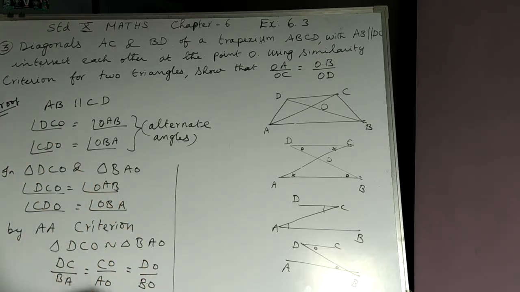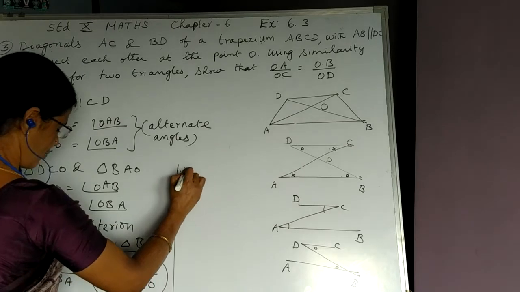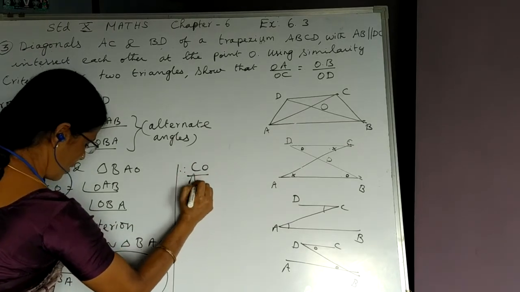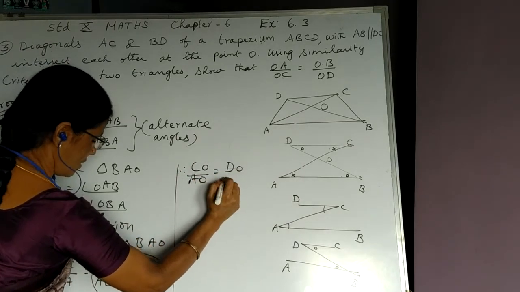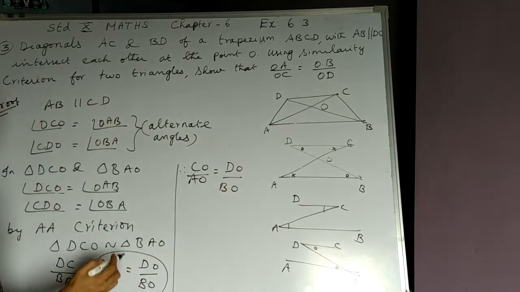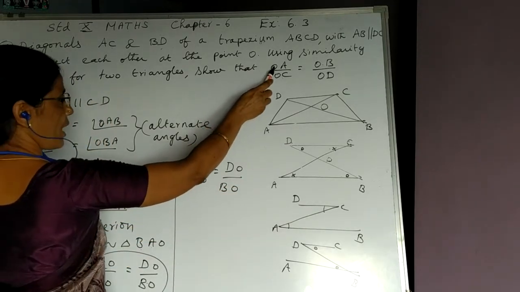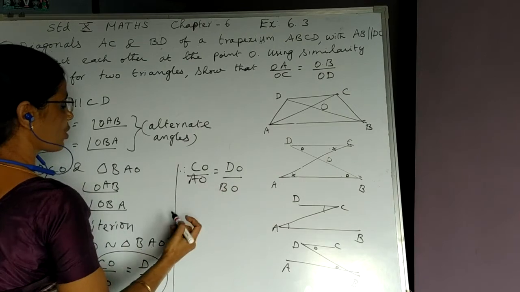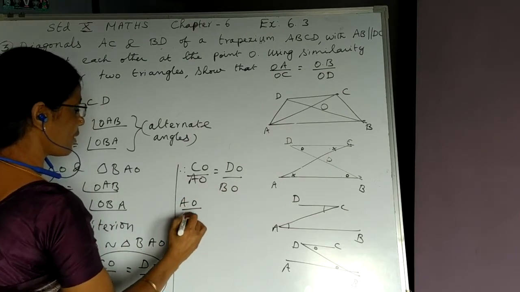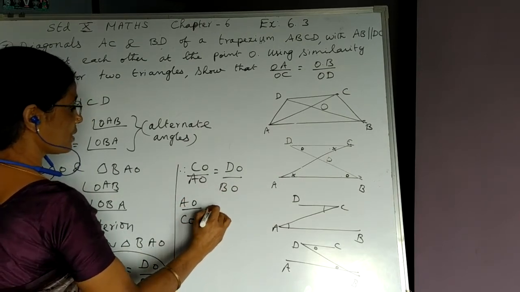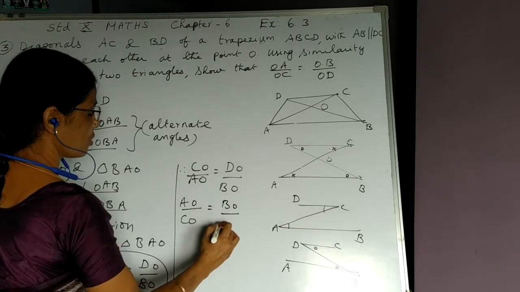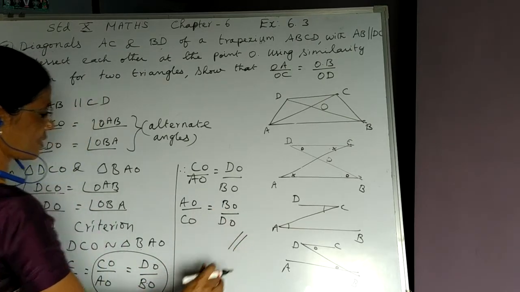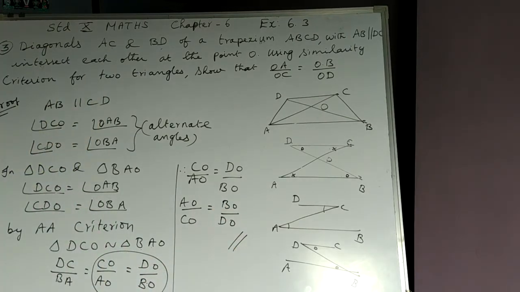We want these two only. This is an unwanted ratio. Therefore, I am going to take these two. Therefore, CO upon AO is equal to DO upon BO. Look at the result. We want OA upon OC. I am going to take the reciprocal on both the sides. Therefore, AO upon CO is equal to BO upon DO. Hence, the result is proved.